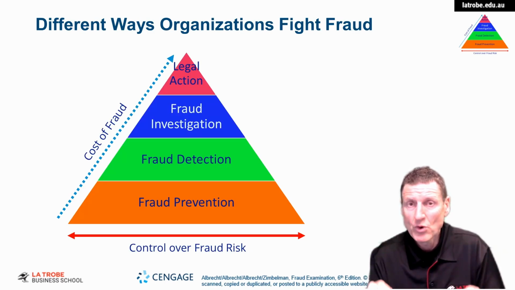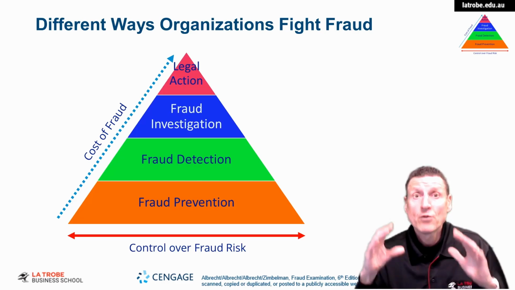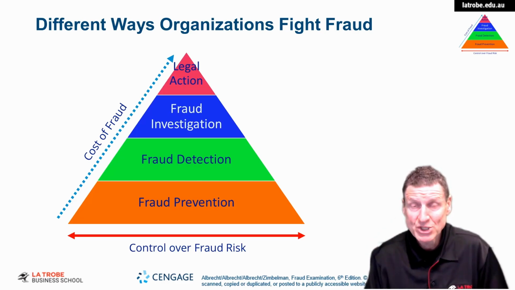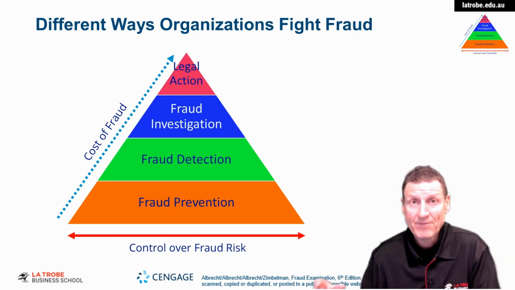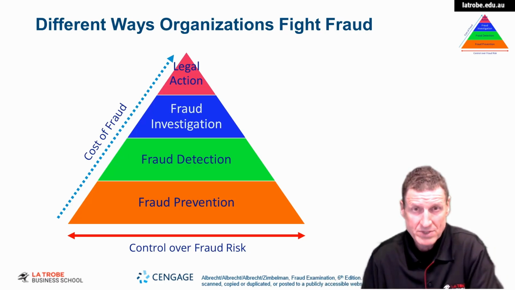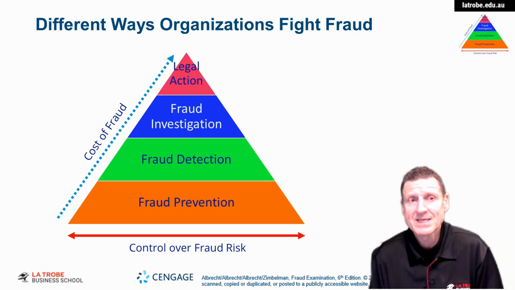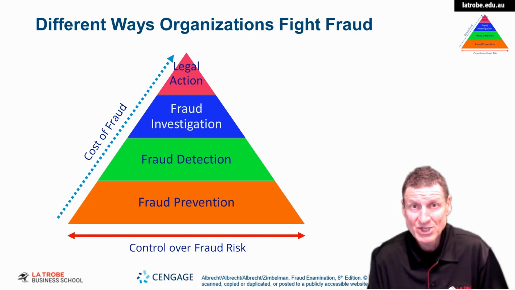If you invest in fraud prevention activities, tone at the top, proper hiring of employees, fraud awareness training, proper communication, proper steps and procedures for dealing with fraudsters that everyone knows about, that they will be fired, that they will be asked to pay back, that they will be taken to court under civil penalties, etc. If everyone knows these things, then this all contributes to a stronger fraud preventative culture and climate in the organization.